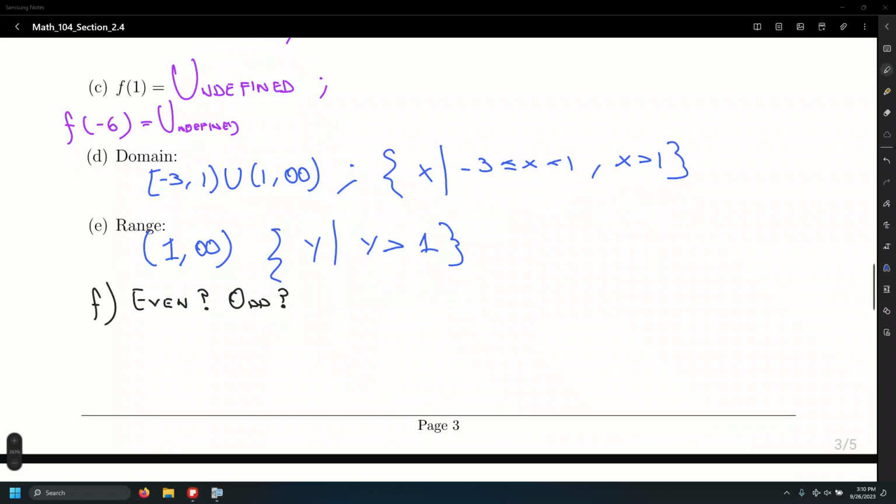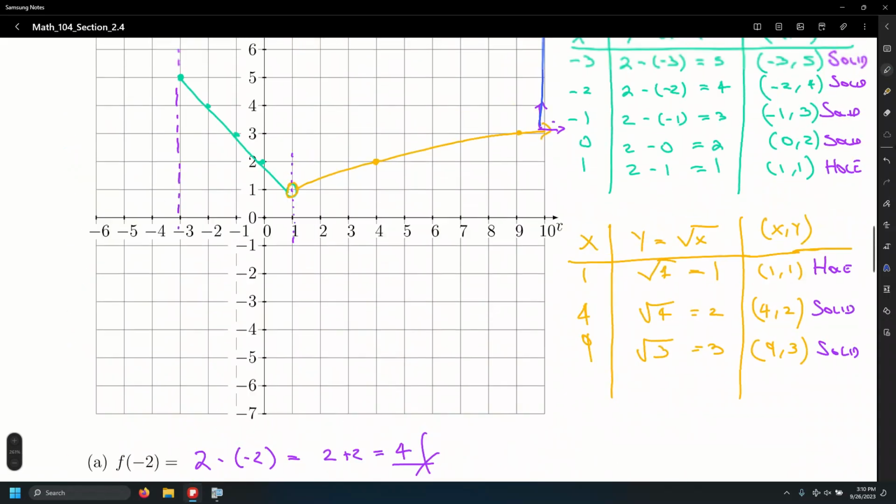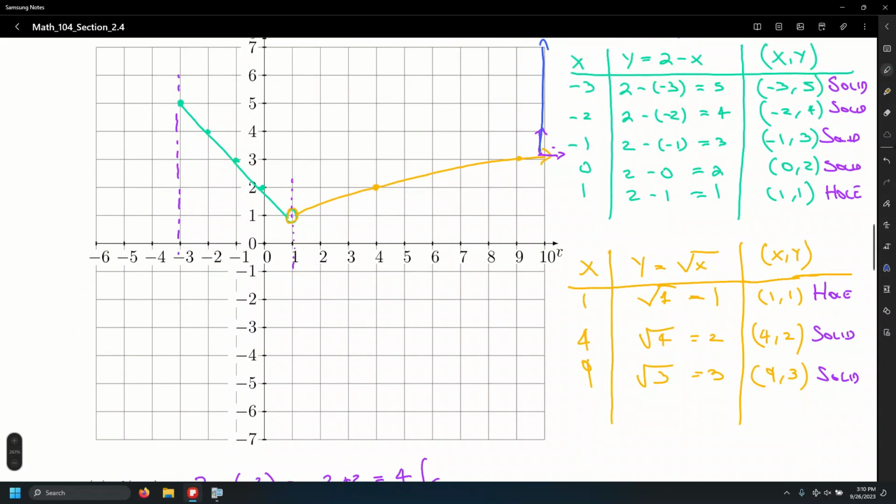All right, okay, let's see if this graph is either even or odd or maybe neither. No symmetry at all, right? So there's no symmetry about the y-axis.